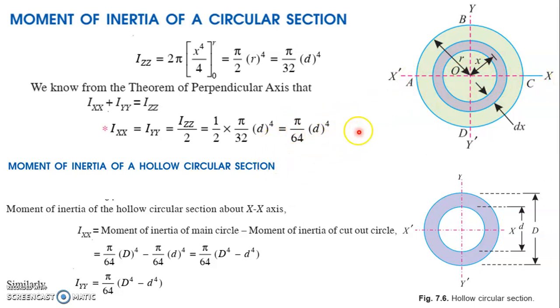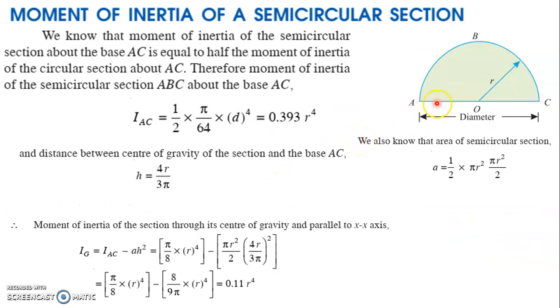So when we are taking the semicircle, the axis AC remains here. So with respect to axis AC, it is 1 by 2 into pi by 64 d raised to 4. If we are taking it about the centroid, again we have to use the equation. Again, you need not study this equation, you just need to know how it is calculated.